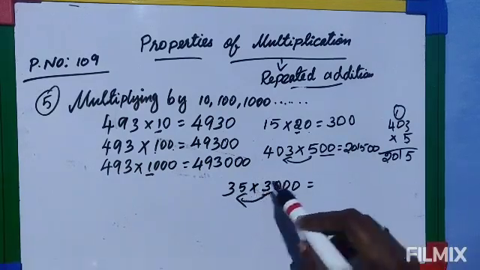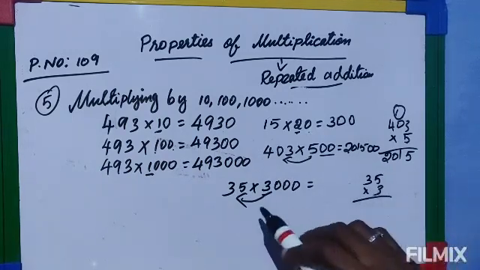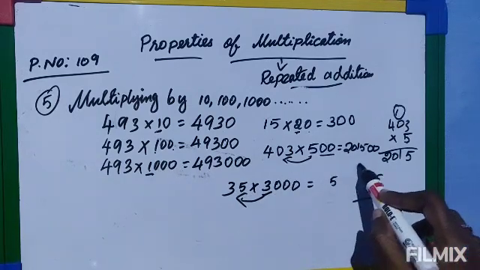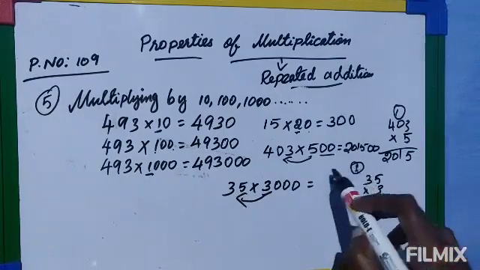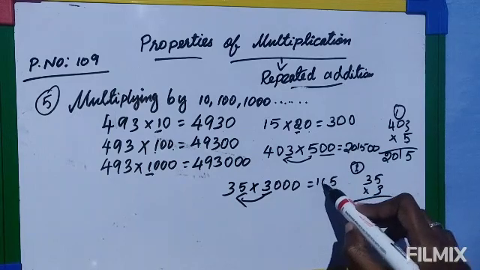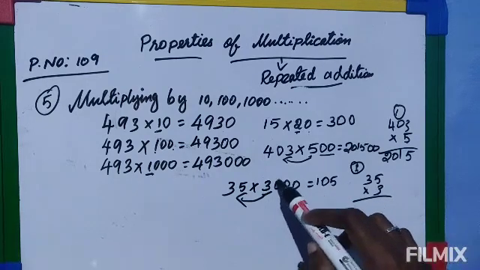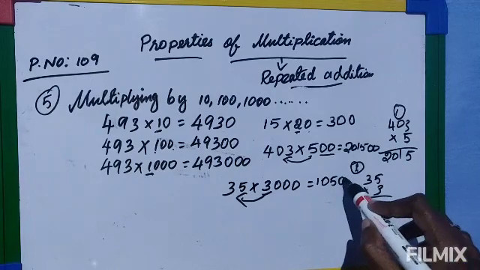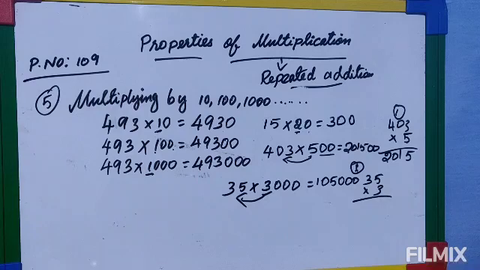Horizontally I am multiplying; you can multiply vertically also. 5 3s are 15. So 5 I write here, 1 carry over. 3 3s are 9, and the carried 1 you add. 9 plus 1 is 10, so 105. So 35 into 3 is 105. Now the zeros we ignored, we insert at the back. 3 zeros we ignored, so all 3 zeros you write at the back. This is the way we multiply by multiples of 10.